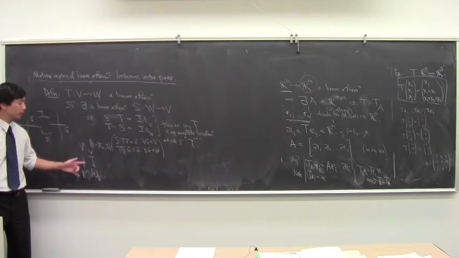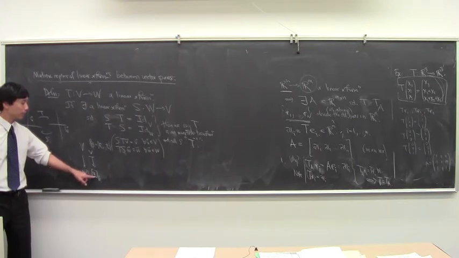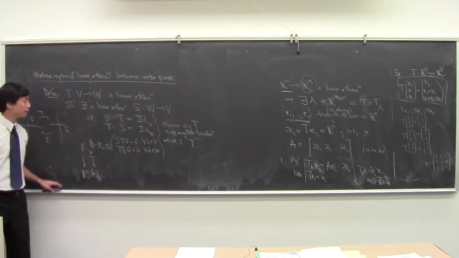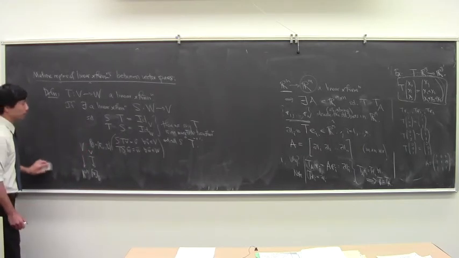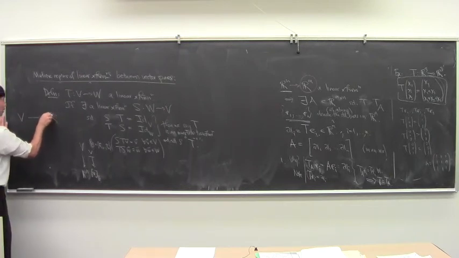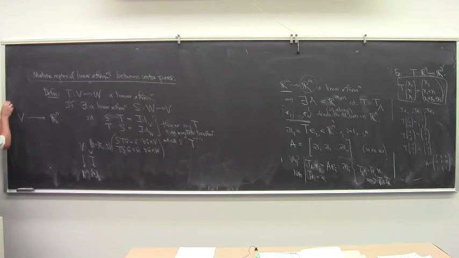If you start from here and go back up, that will return you to the same thing. I'll write it sideways. So here's your V, and suppose that V has some basis B, B1 to Bn.